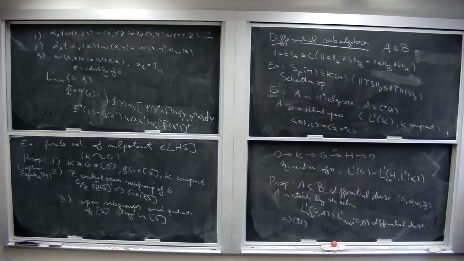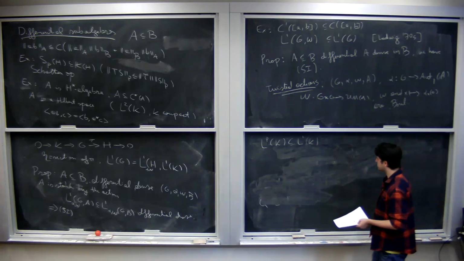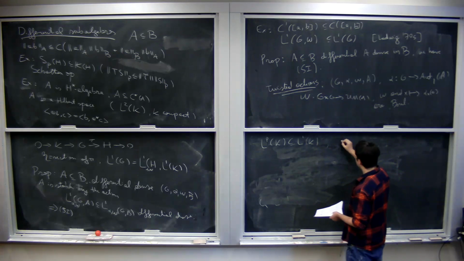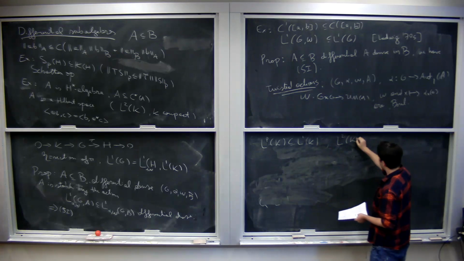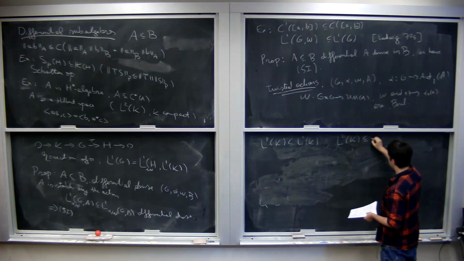So I'm going to assume that K, the normal subgroup, is compact. Okay. So inside of L1, I have LP, right? And because of the Holder inequality, these LPs are Banach algebras. In particular, L2 is a differential subalgebra of L1.